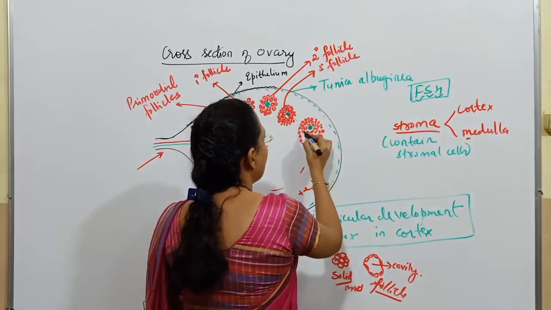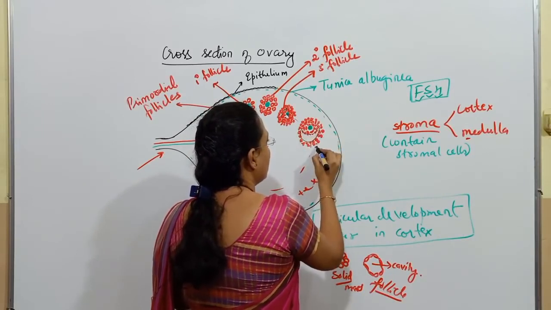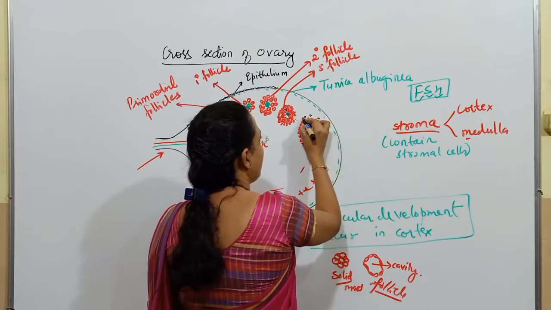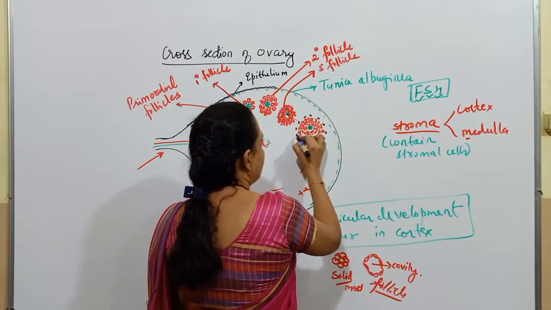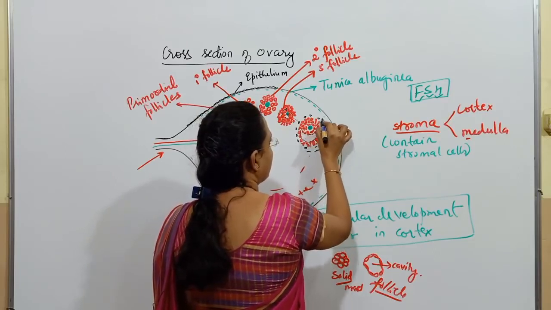So this is a diagram of a mature Graafian follicle. These are the surrounding cells, different surrounding stromal cells that can differentiate and form theca externa.